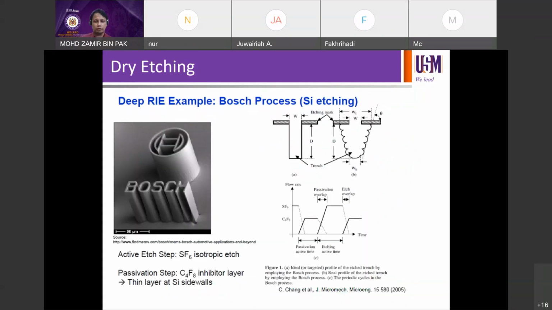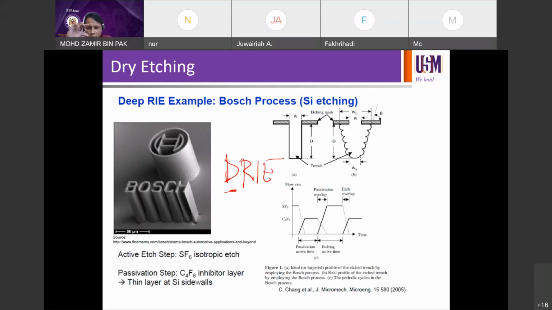Another type of RIE is called DRIE, deep RIE. It is also under RIE, but it's deep. How deep? Look at how deep that is. Look at the height of the Bosch features, what is the depth? It's like engraving, but you use the deep RIE process, DRIE.